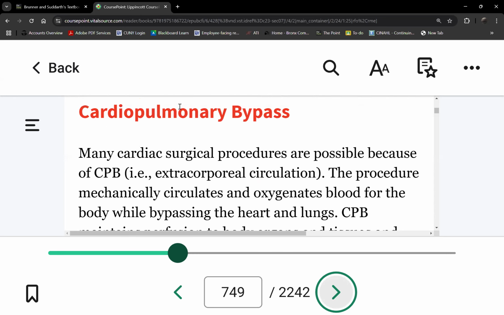That's why we call it a bypass, and then there's a bypass machine involved, because as you indicated, if the heart is beating, can you sew the graft properly? I mean, the heart keeps moving and then you're playing with a needle and suture.